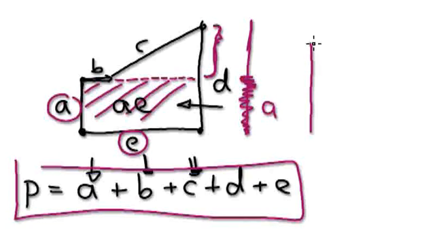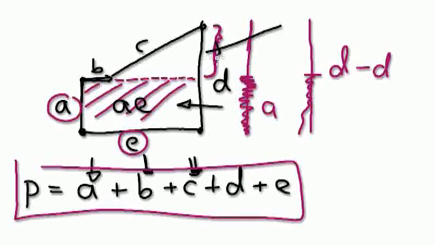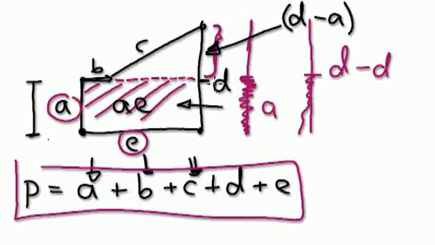If you have a whole string, which is D, and you cut away a distance of A, the length left is D take away A. Because this length here is A, this length here is also A. So get the whole string, which is D, cut off the A bit, and what you're left with is what you want to know, which is this bubble here.